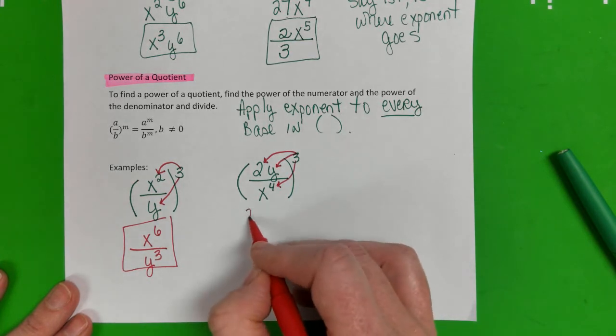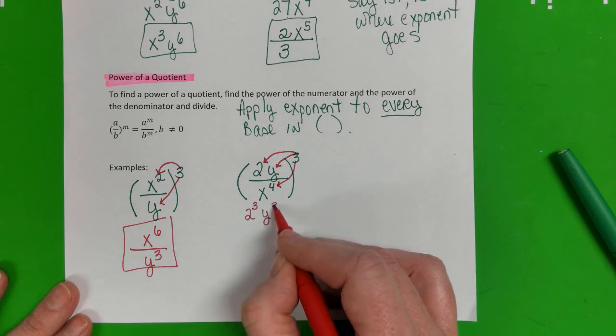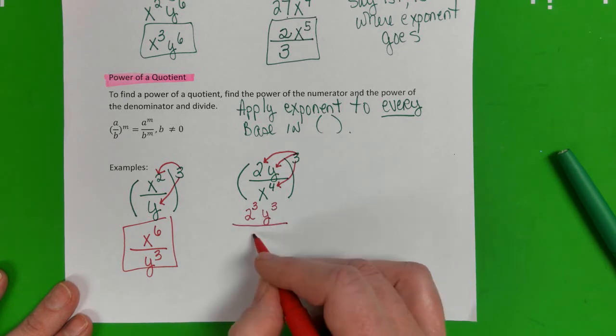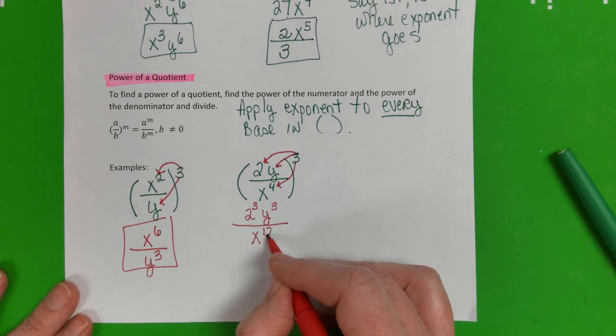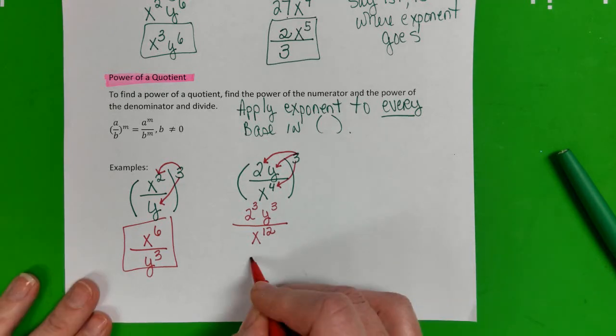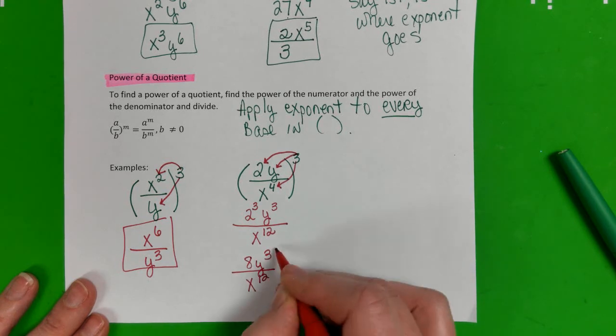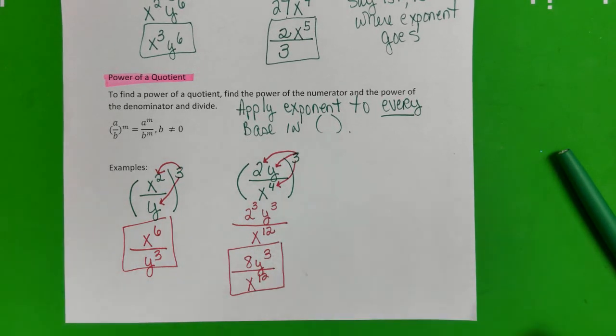So this would be 2 to the third power, y to the third power, over x to the 12th. Now, can we actually do 2 to the third power? Yes, we can. 2 to the third power is 8. 2 times 2 times 2. 8y to the third over x to the 12th.